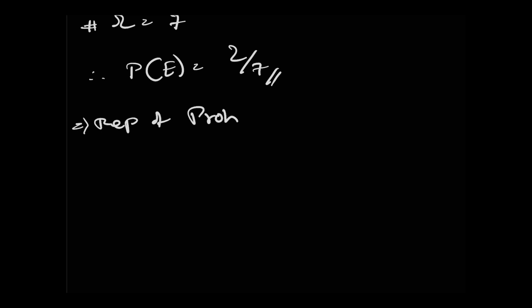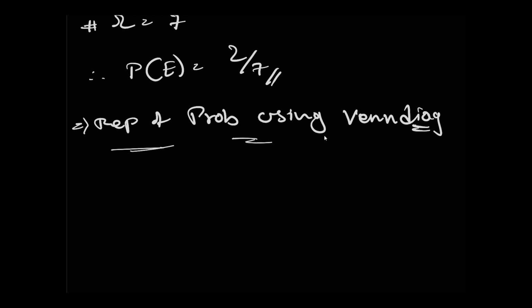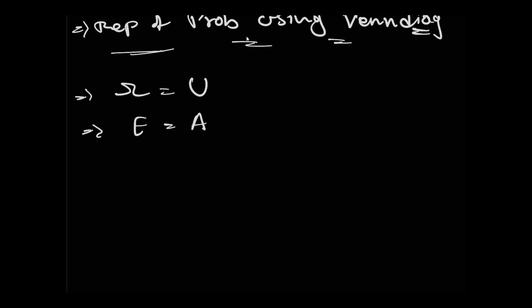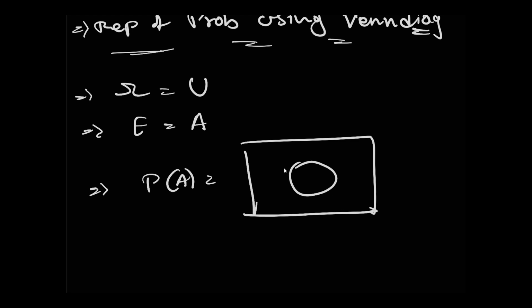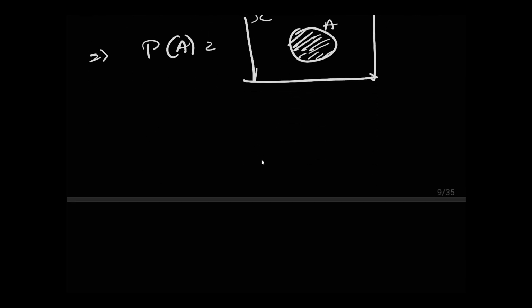For this, we generally assume the sample space as the universal set, and the event E we are taking as A. If we take this as A, this as omega, then probability of A will be that.